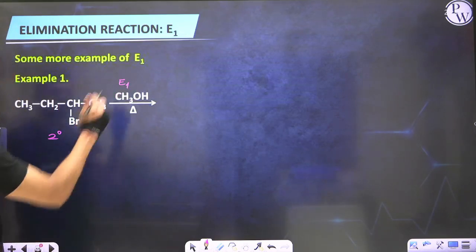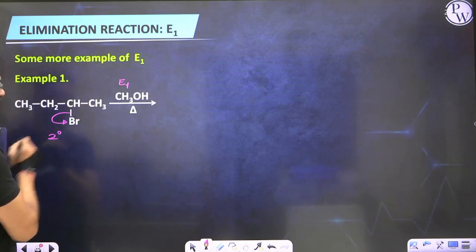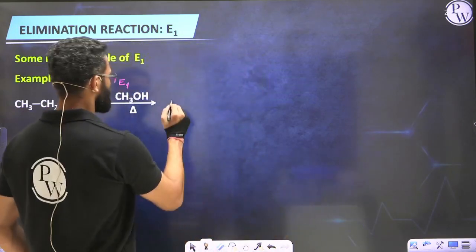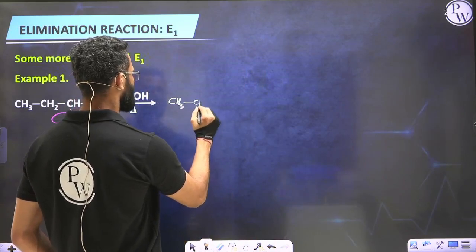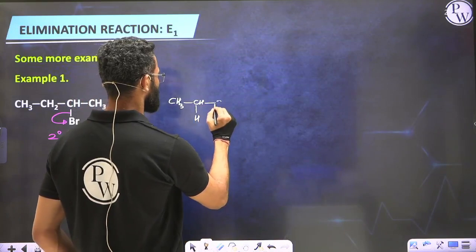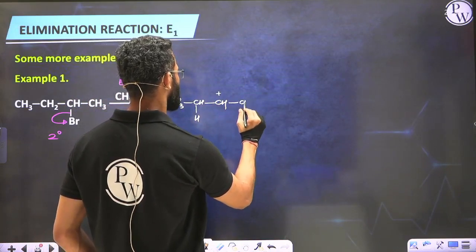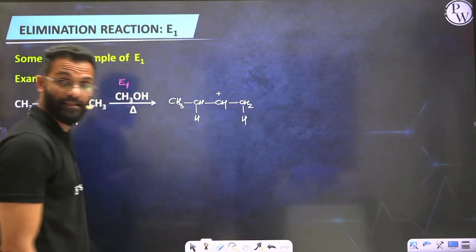So in E1 reaction mechanism, the carbon-bromine bond would be broken to form a secondary carbocation. So the intermediate that we have got is CH3, CH2, CH plus, and CH3.